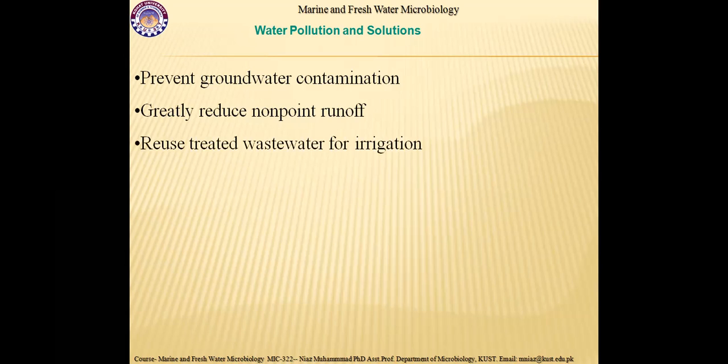Reuse treated wastewater for irrigation. For this purpose, we can use our wastewater, which is coming in huge amounts from municipalities and going to wetlands, followed by oceans. If after treatment we use this water for irrigation, the whole cities, metropolitan cities, will be green.